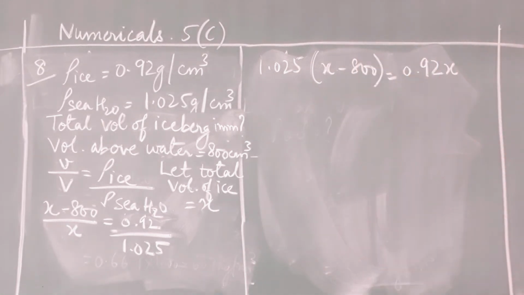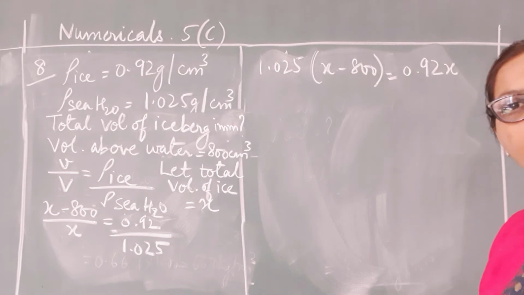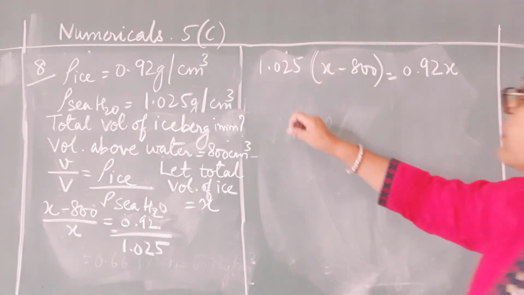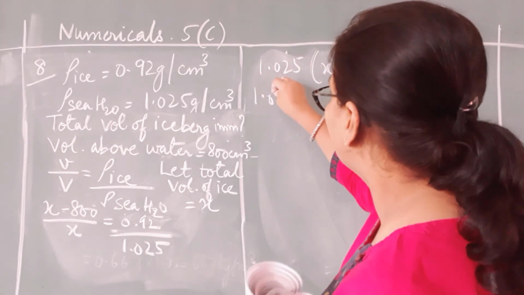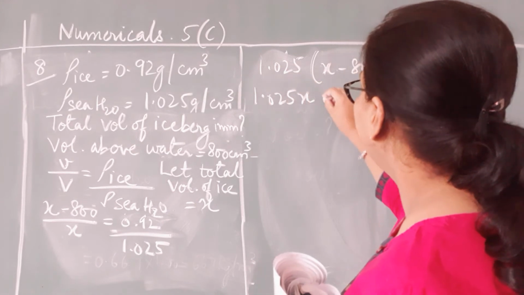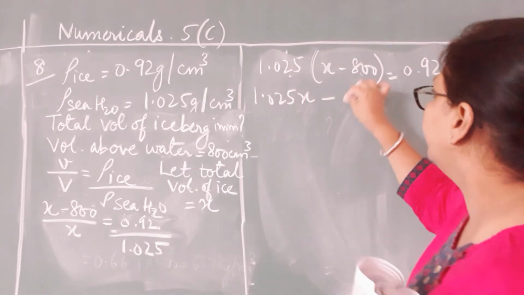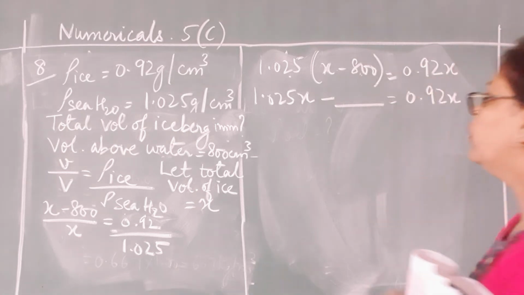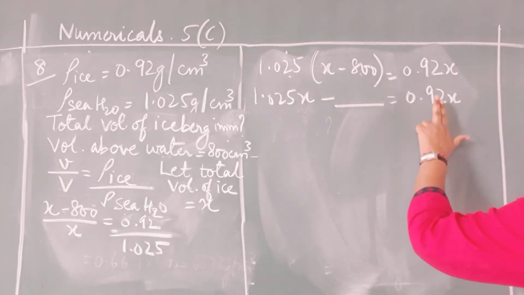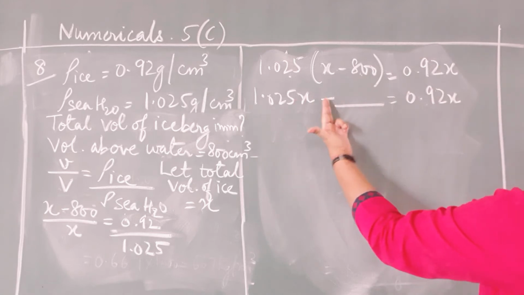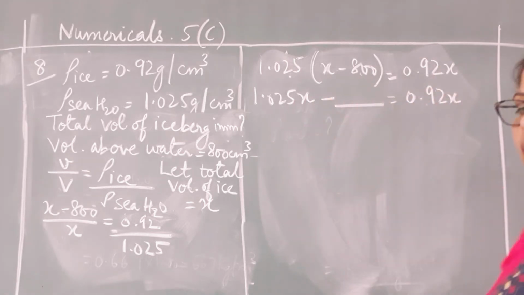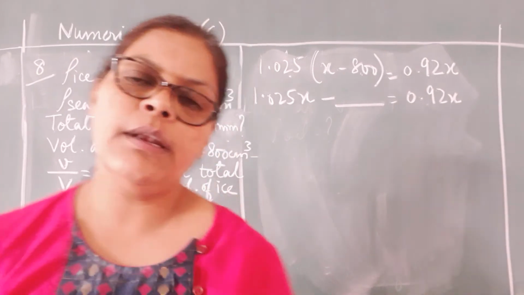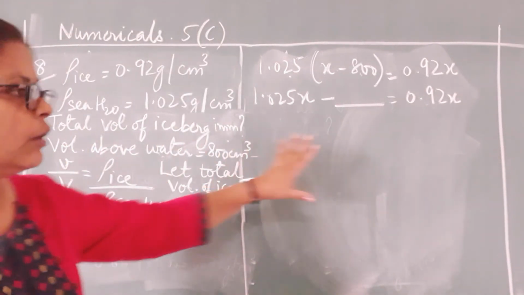I am leaving the question here because it's a mathematical equation which you will multiply this by this, you will get 1.025x minus, I want you to multiply 800, is equal to 0.92x. What are you going to do? You are going to bring this value here and take this value the other side, rearrange, and you will get the value of x. And what will be the value of x? The value of x will be the total volume.